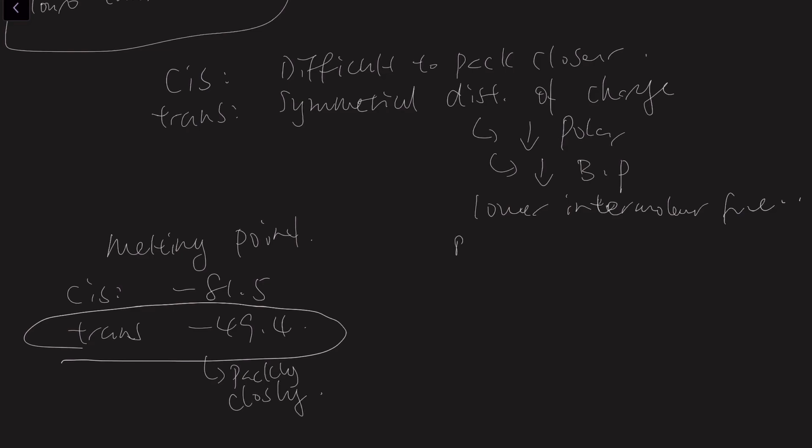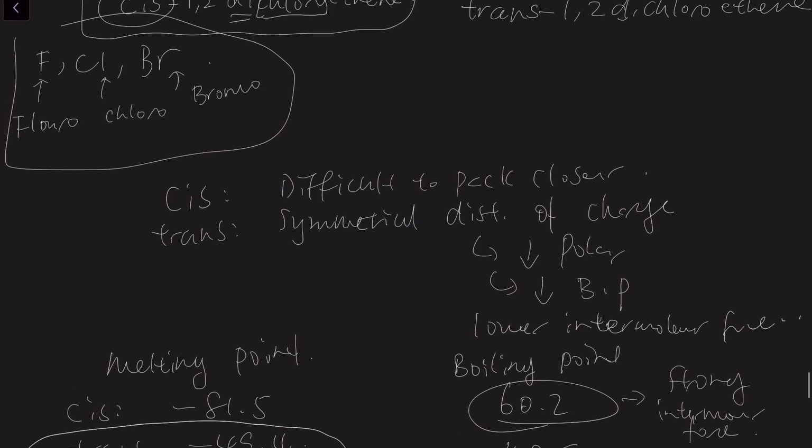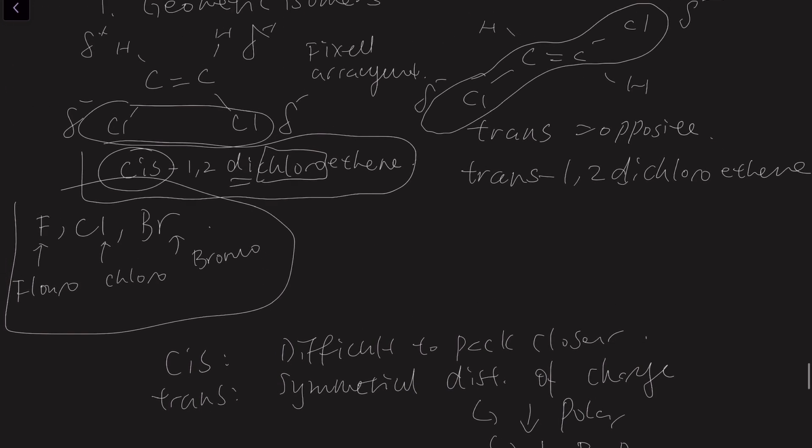For the boiling point, we get a different scenario. So the cis has 60.2 degrees, trans 48.5 degrees. Because for the boiling point, we are overcoming this intermolecular force. And we know that cis has stronger intermolecular force because it has an unequal distribution of charge.